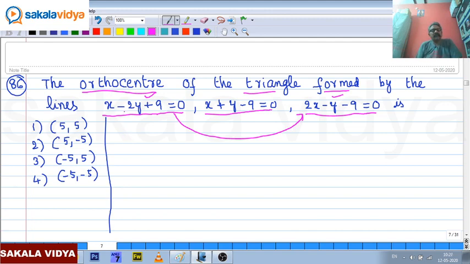Say for example slope of this one is m1 equal to 1 by 2. Slope of the third line is m3, equal to, you will be getting, no, you are not getting, right. Now you need to solve, that's all.